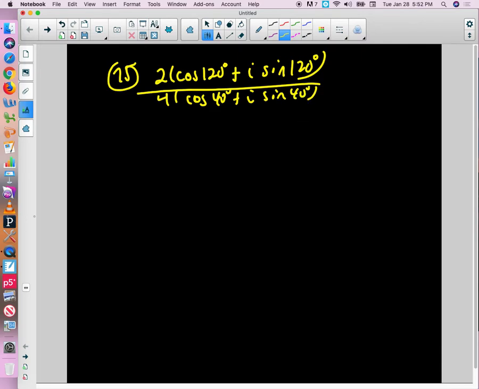So you're dividing. So your answer is 1/2 as your modulus. So you divide these, and then you subtract these, and you have cosine 80 degrees plus i sine 80 degrees in cosine i sine form. And that's how you were allowed to leave that one.